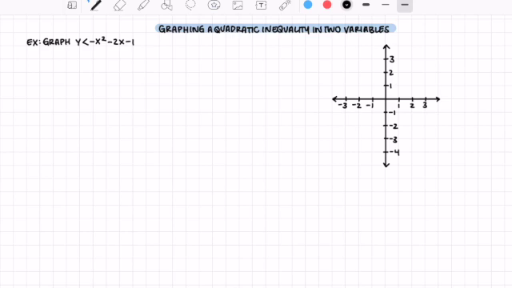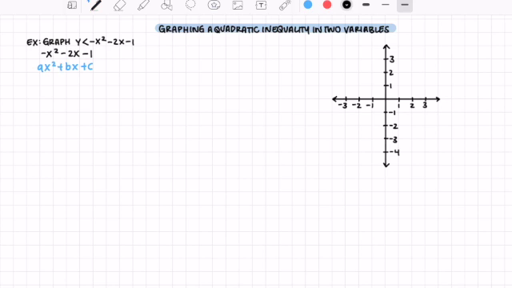So the first thing I want to do is start off by graphing the equation for negative x to the power 2 minus 2x minus 1. And we can use the ax squared plus bx plus c formula to help us find out what that graph would look like.